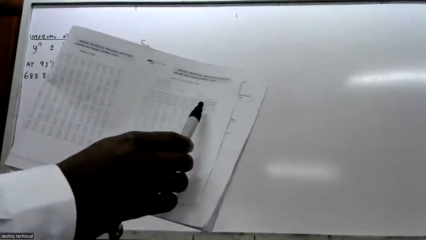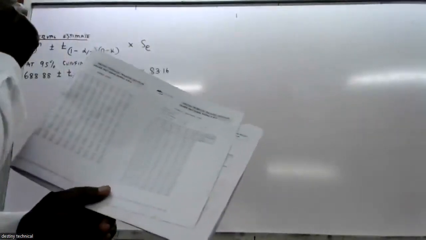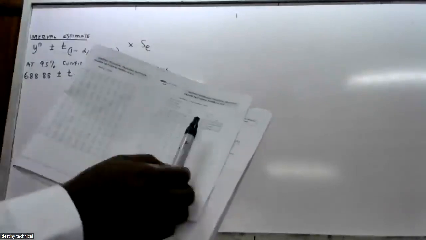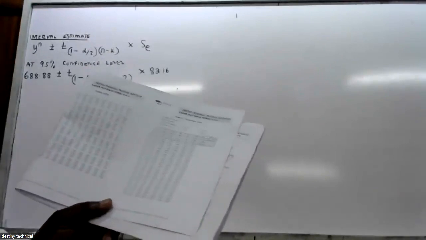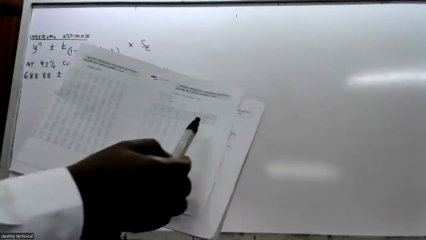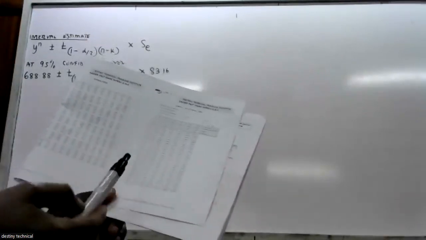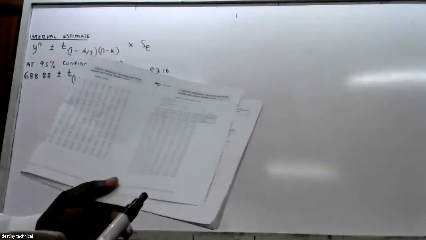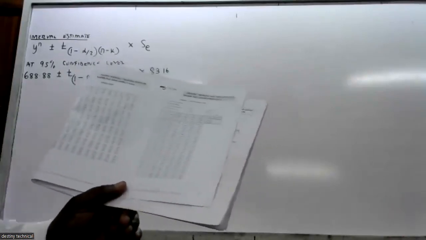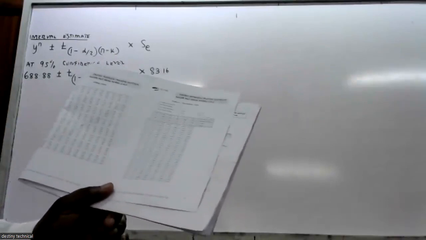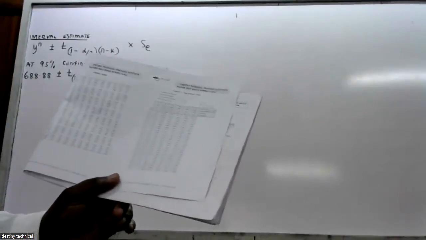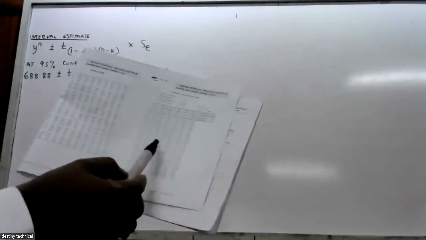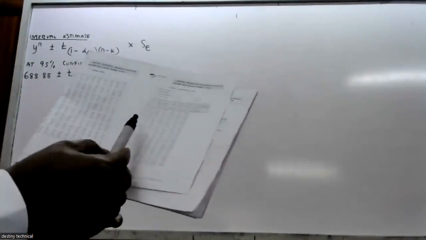When you are here, because of that 2, our formula is divided by 2. So you go to the line that is written two-tail confidence level. Two-tail. Then you move towards the left and stop at where there is 95%. When you are there, you move downwards and stop at 10.